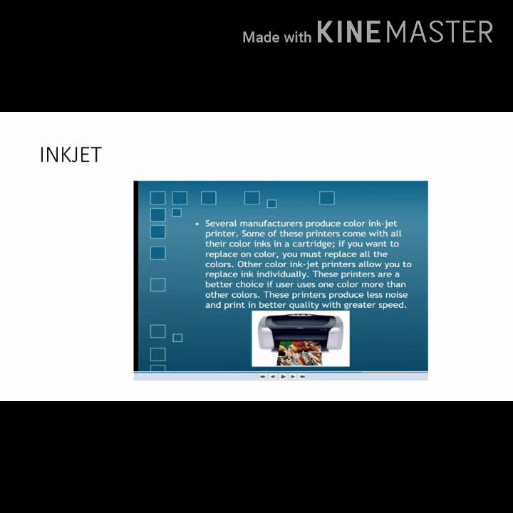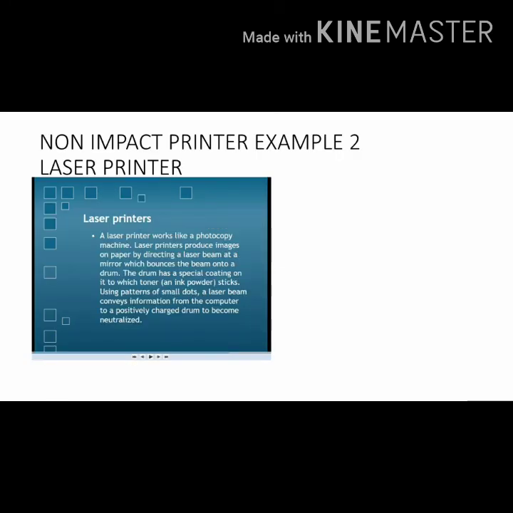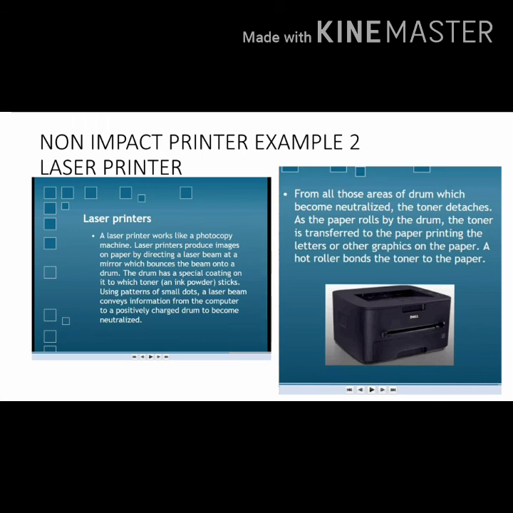Now, non-impact printers. Another example is the laser printer. A laser printer works like a photocopy machine. Laser printers produce images on paper by directing a laser beam at a mirror which bounces the beam onto a drum. The drum has a special coating onto which toner sticks.